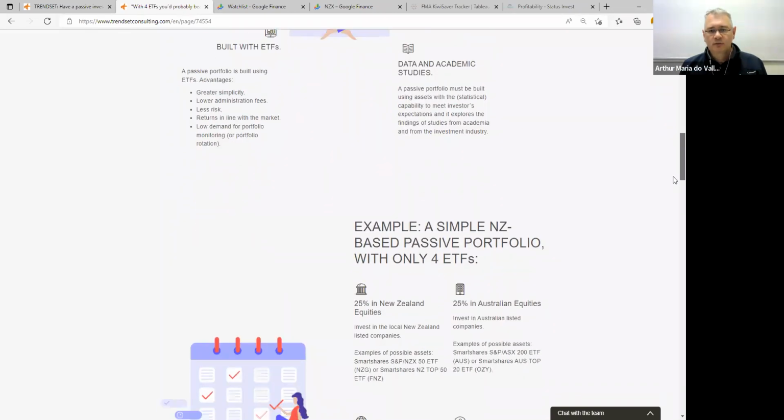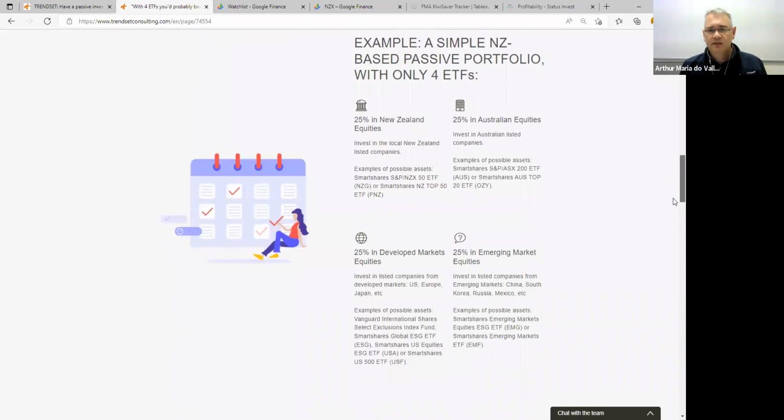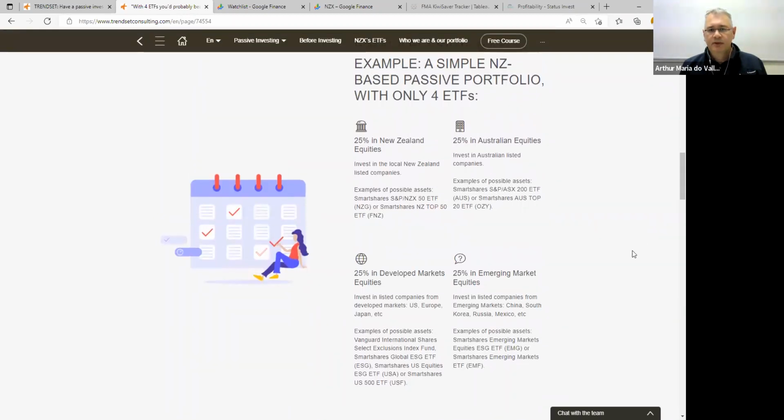Let me also show you one example of what might be, now that you know the ETFs, one portfolio here in New Zealand, like a global diversified portfolio using only 4 ETFs, in fact. For example, you might decide to have 25%, and this is quite aggressive, I would say, because it's only about shares and stocks.